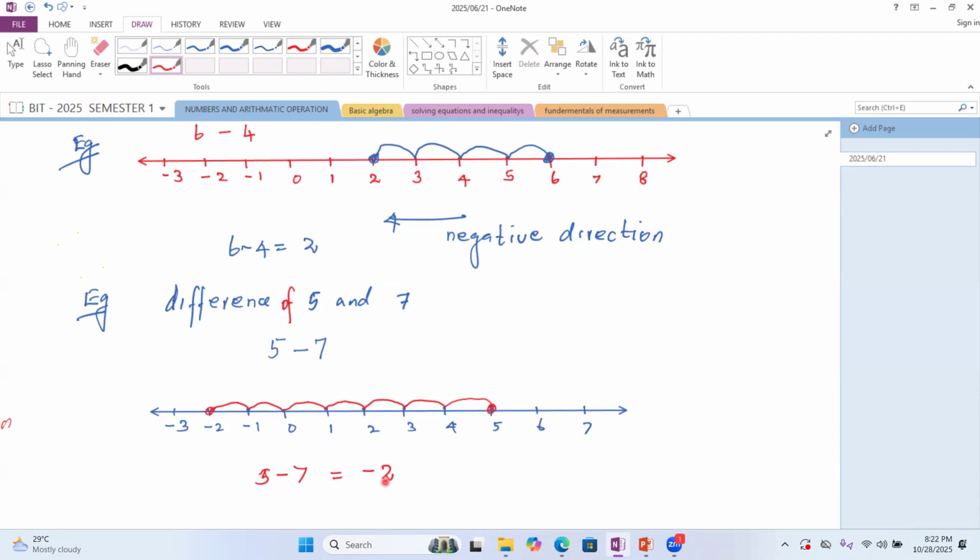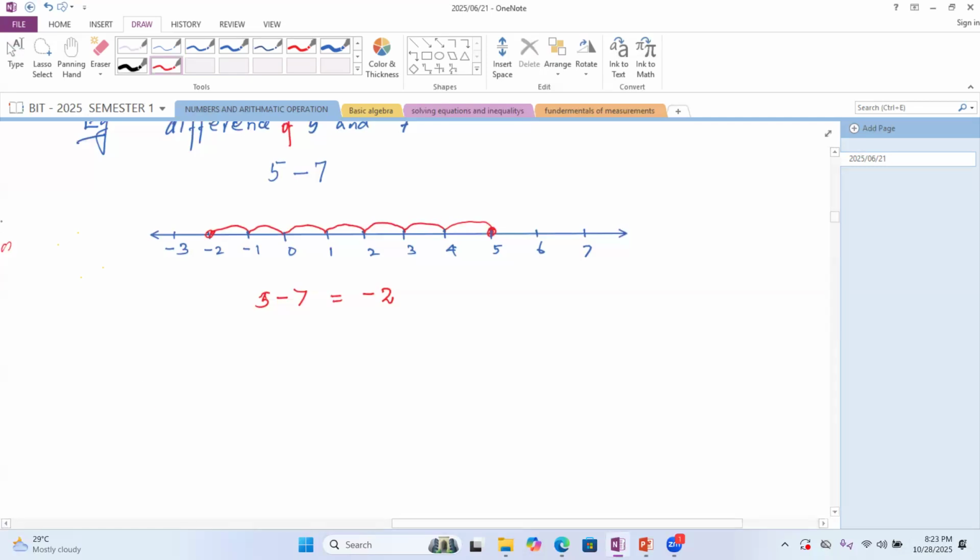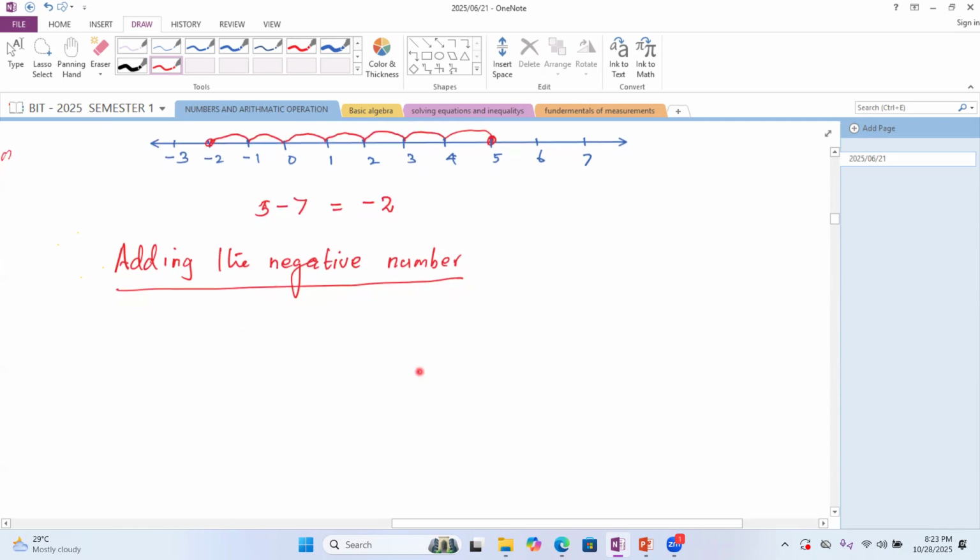Right. Next, adding negative numbers. By using the number line, how can we find the result of adding negative numbers?